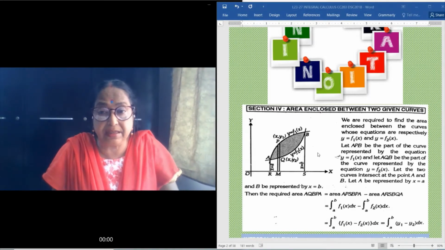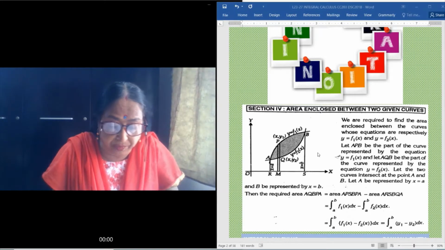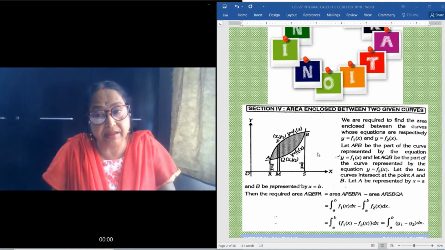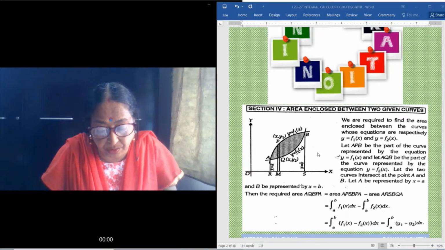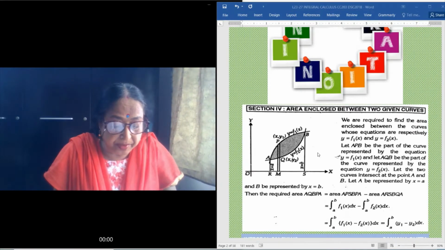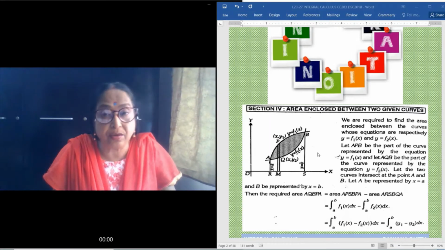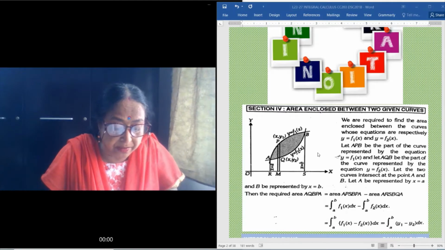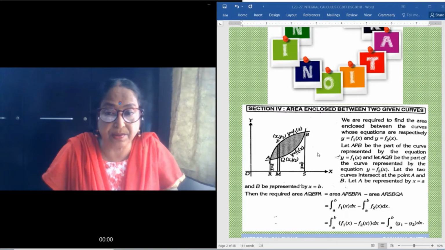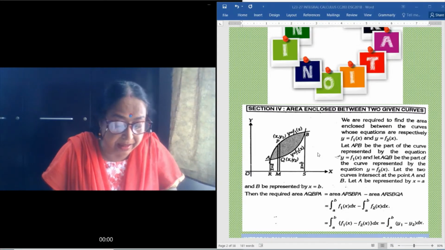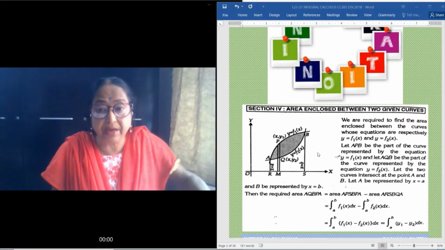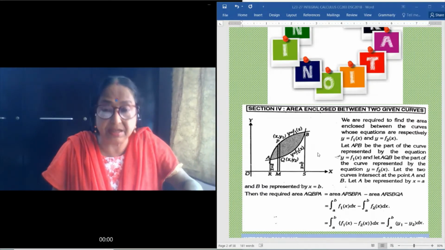If the curve is in polar form, then we write half of, suppose r1 = f1(theta) and r2 = f2(theta), then the area enclosed between the curves can be written as half of the integral of r1 squared minus r2 squared into d theta, and the limit of the integral will be of theta.